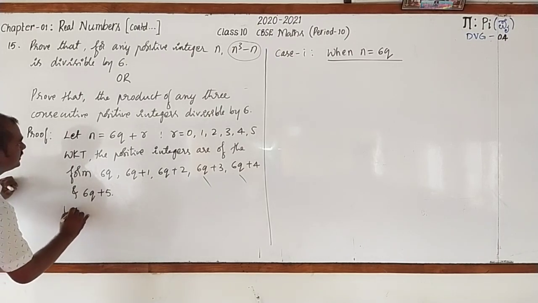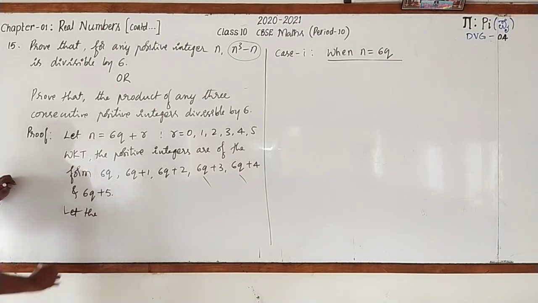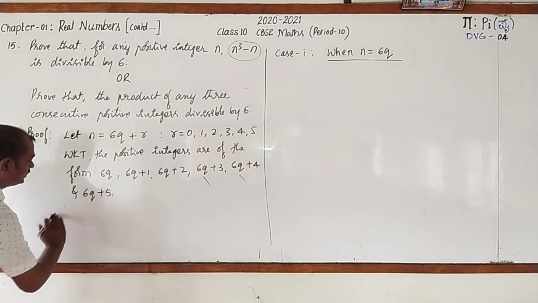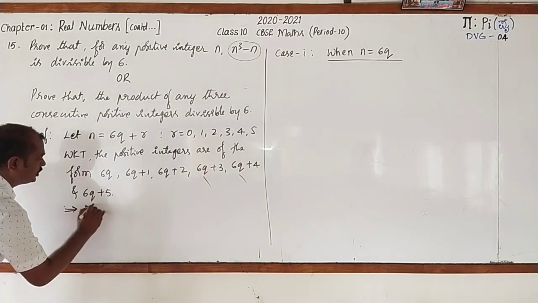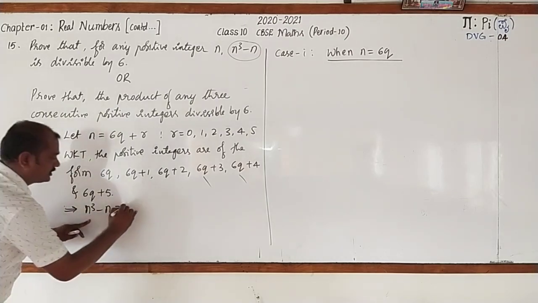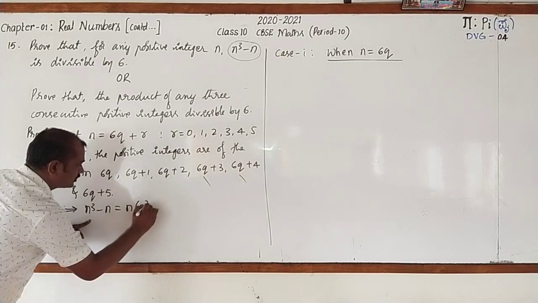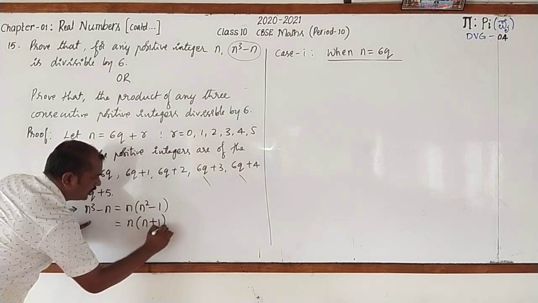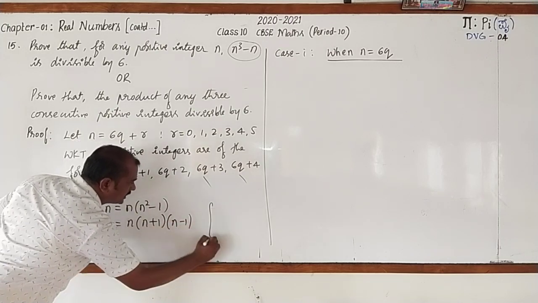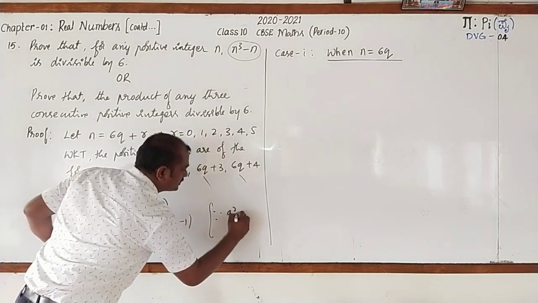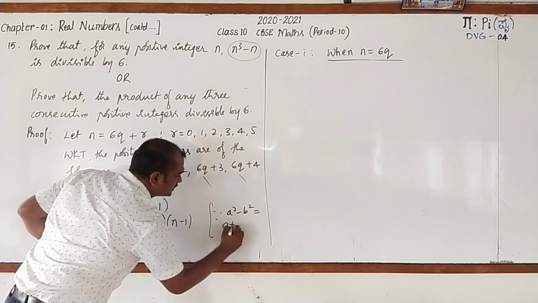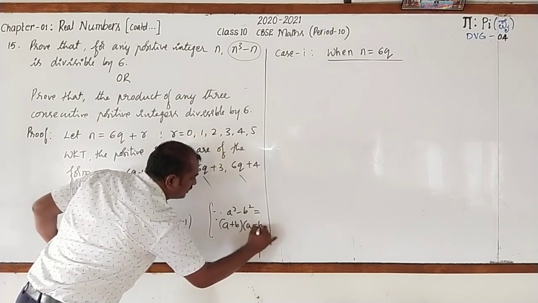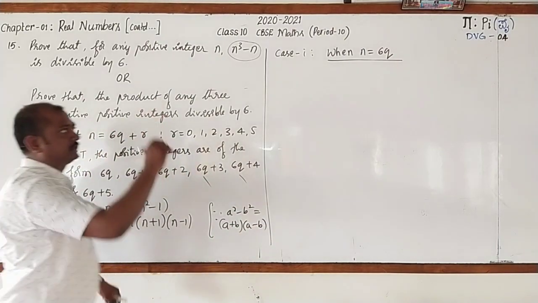I'll write the given statement, that is n cube minus n can be written as n into n square minus 1, which is equal to n into n plus 1 into n minus 1. It has been written based on a square minus b square is equal to a plus b into a minus b.